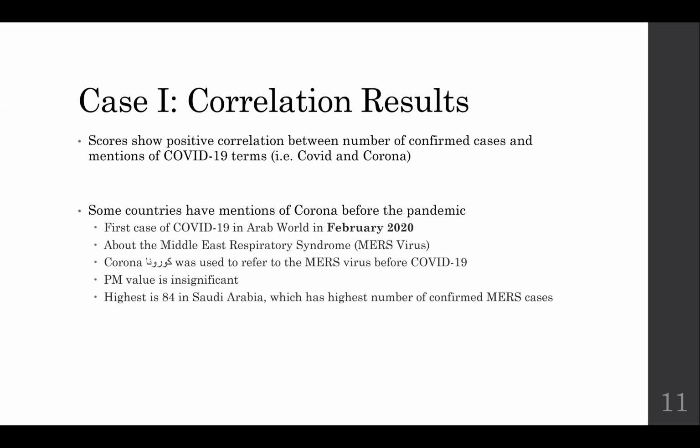But when we dug deeper, we found that it's not COVID-19 but the other Corona, which is the MERS virus. However, the PM value was insignificant. The highest was 84 per million mentions in Saudi Arabian newspapers, and Saudi Arabia had the highest number of confirmed MERS cases at that time.